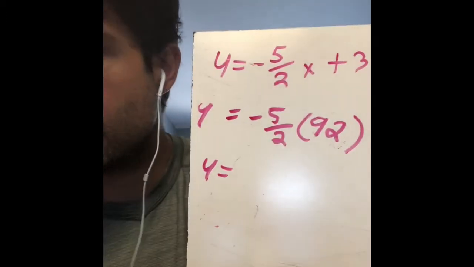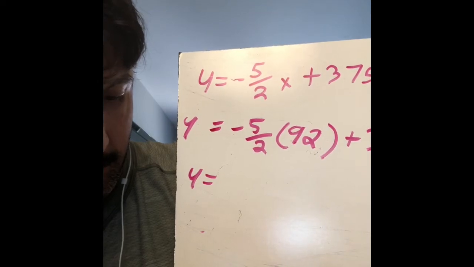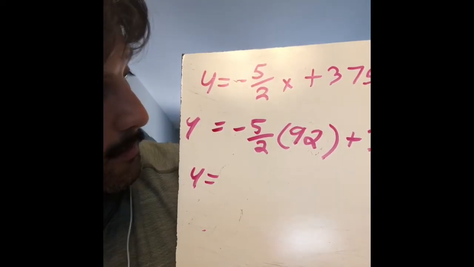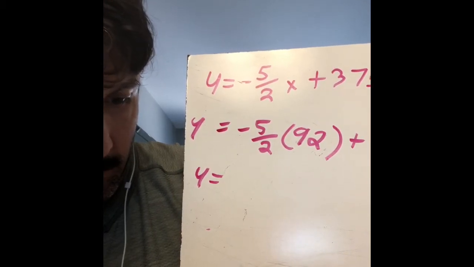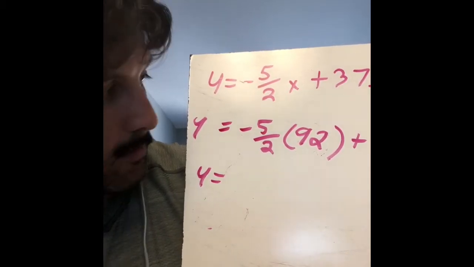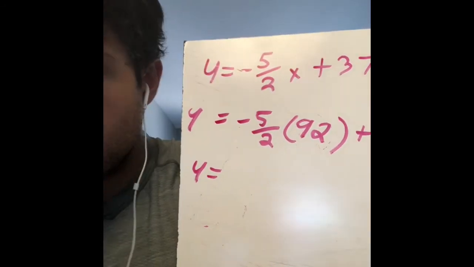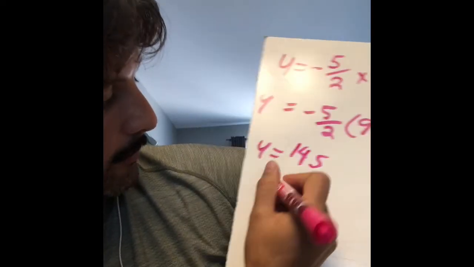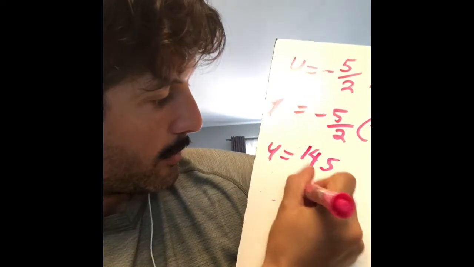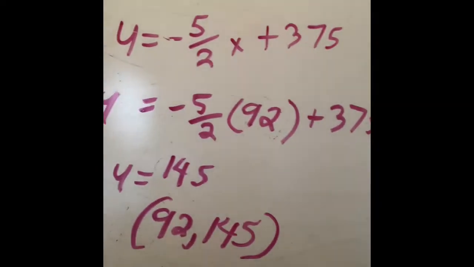Throwing it into the calculator, plus 375. 145. If you only sold 92 adults, you'd need 145 children. 92, 145. So there's our 3 points on the line.